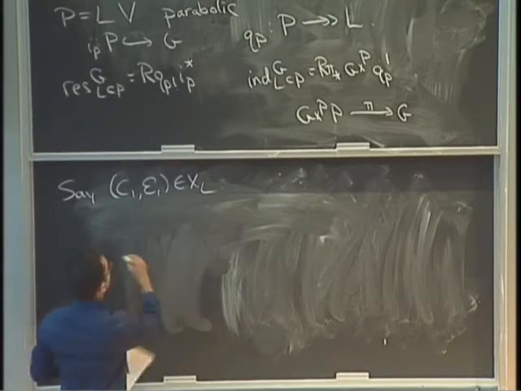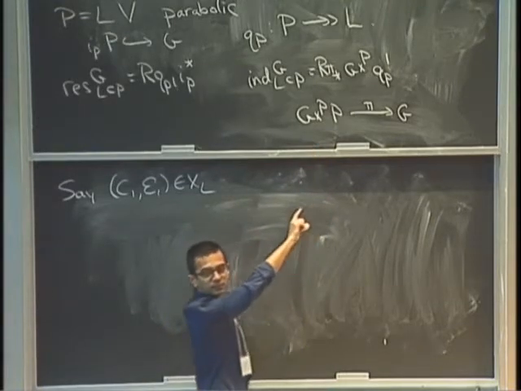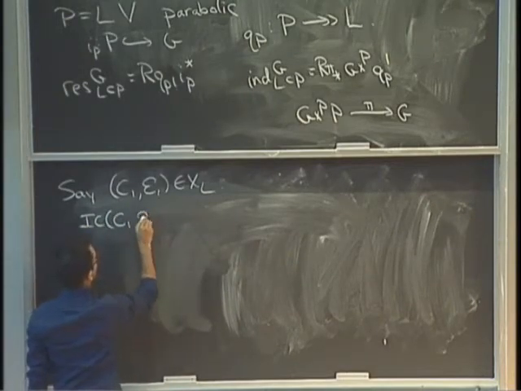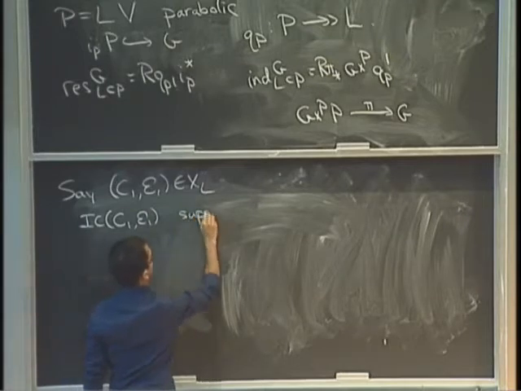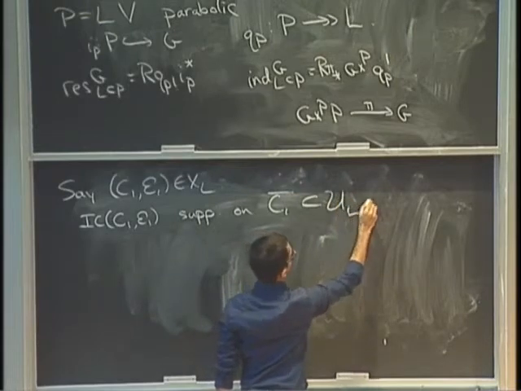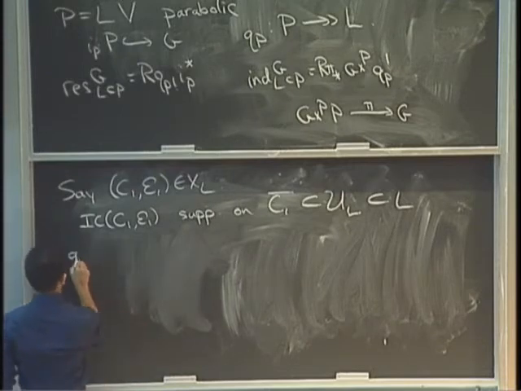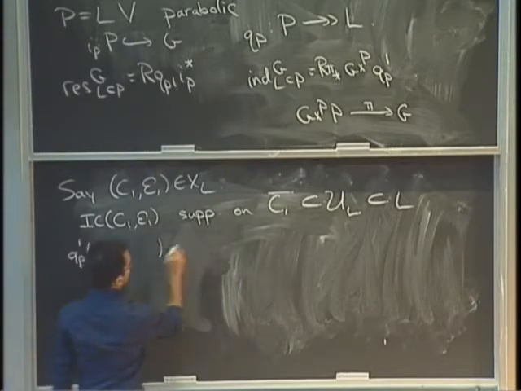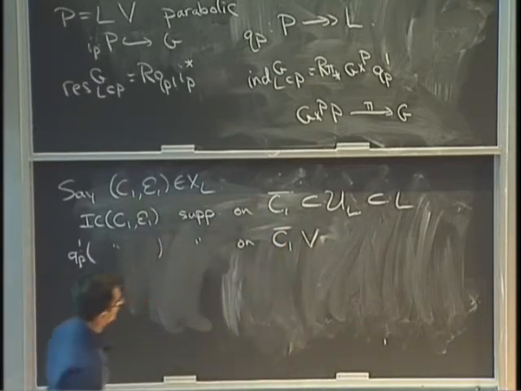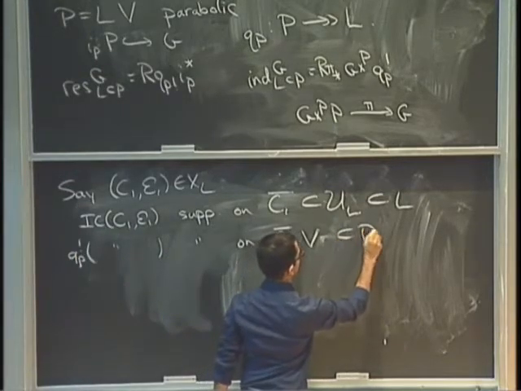So instead of drawing all of G cross upper P with P, well, the perverse sheaf that I want to induce is supported on the closure of one unipotent class, which is contained in the unipotent variety of L, and which is contained in L. So when I apply q_P upper Schrieg to it, this is supported on the closure of C_1 times V, which is contained in this parabolic.